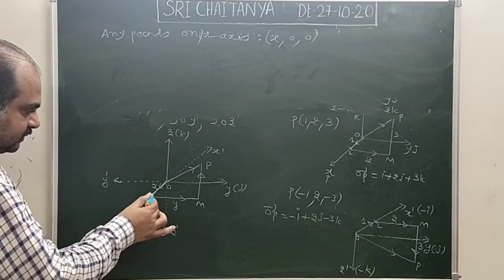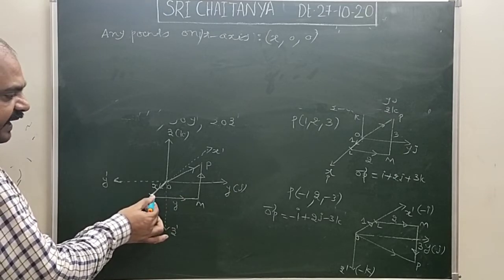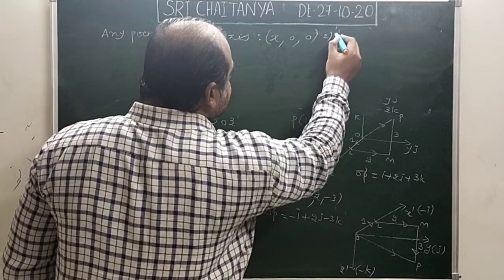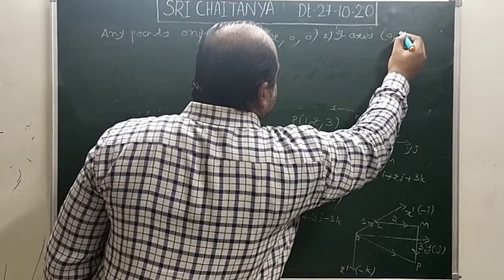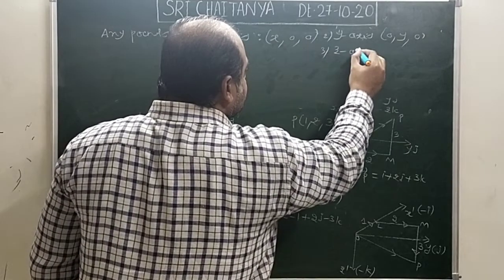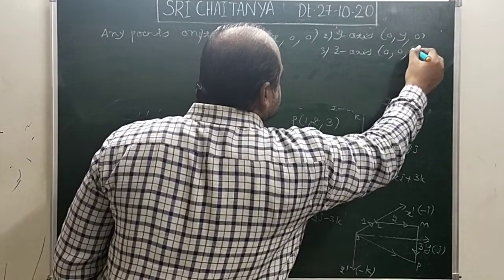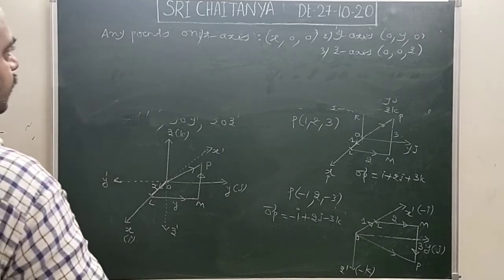So this is the point L. There won't be any displacement towards the y-axis or the z-axis. So x, 0, 0. Similarly, any point on the y-axis is 0, y, 0. Any point on the z-axis will be of the form 0, 0, z. Right? So next.